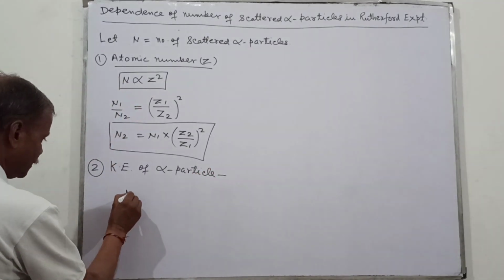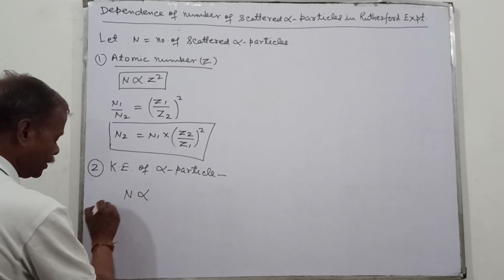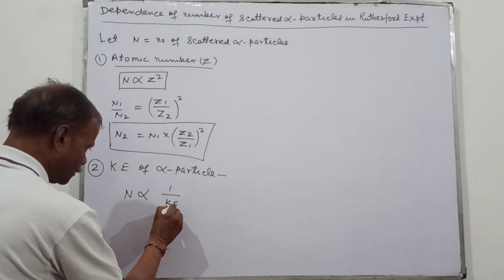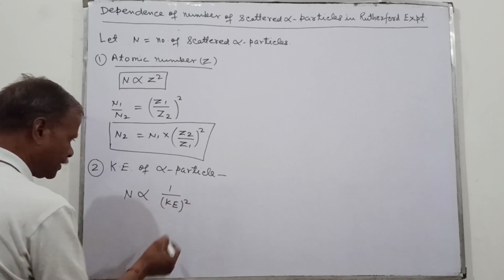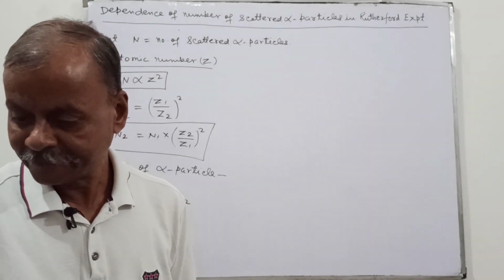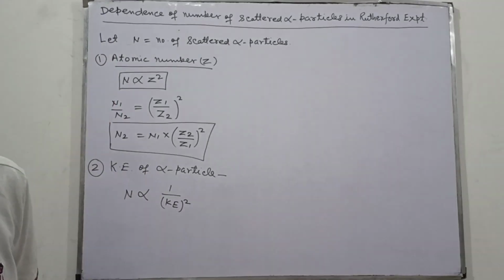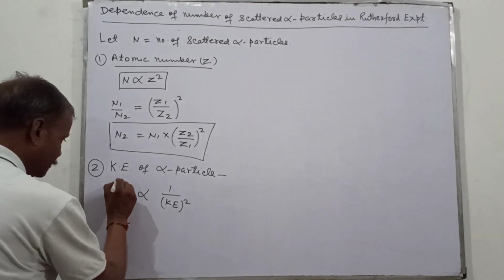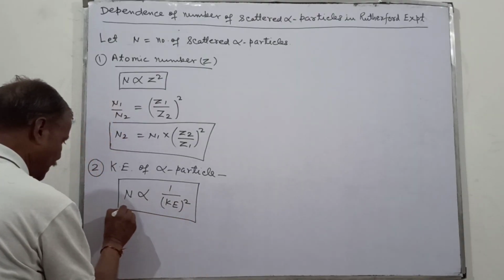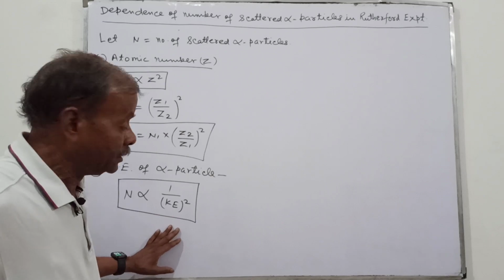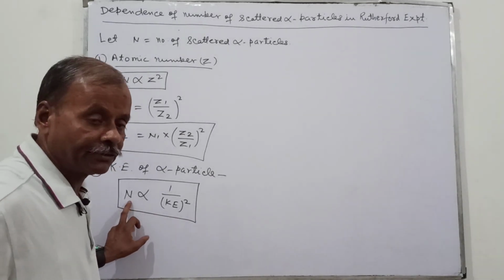This n is proportional to 1 upon the square of the kinetic energy. So as the kinetic energy of the alpha particle increases, the n will decrease.